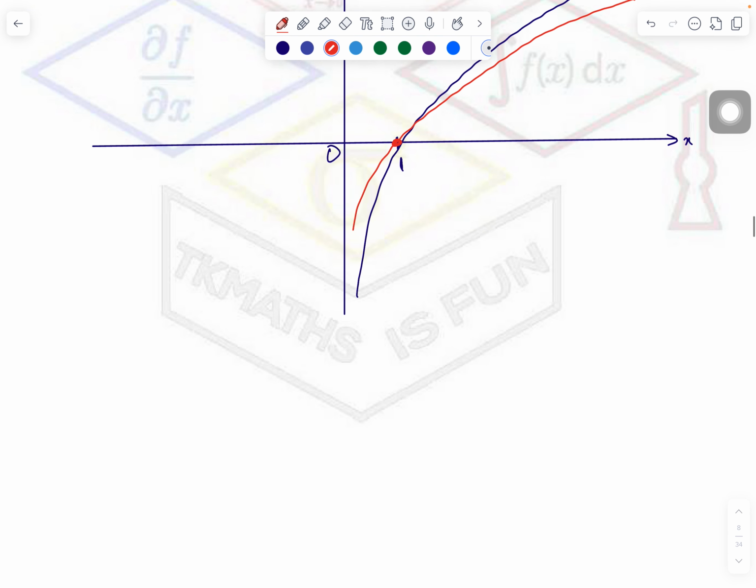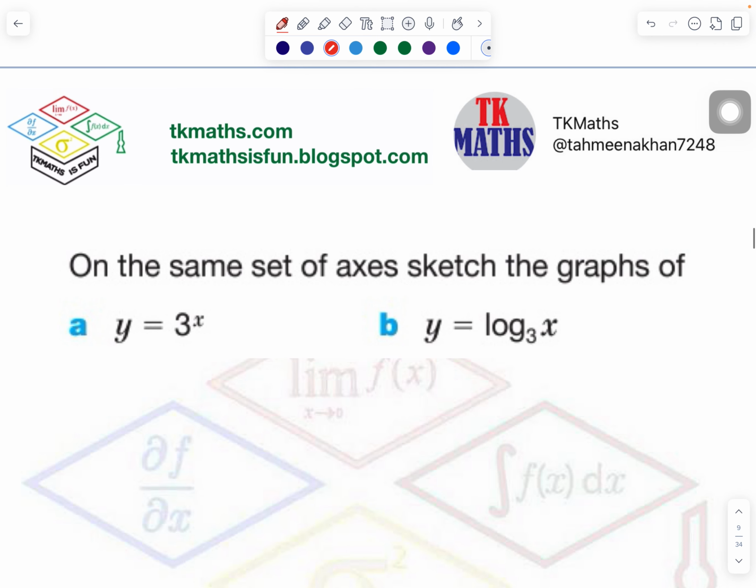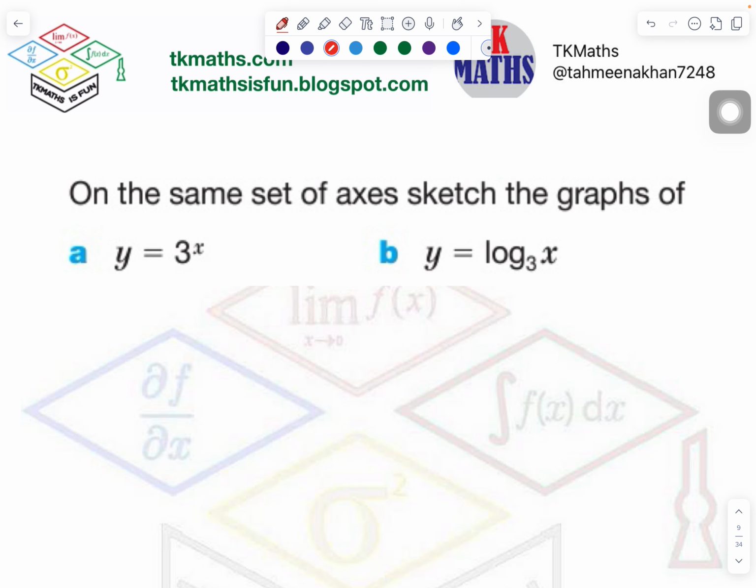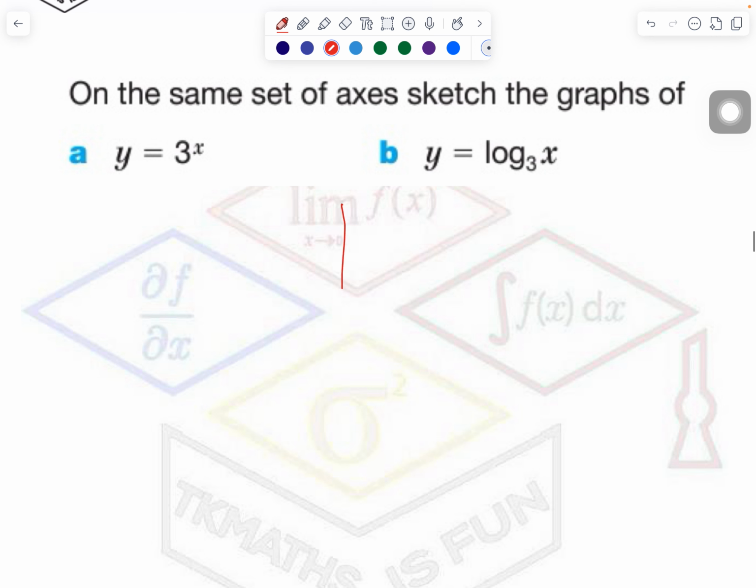Okay, now what about these graphs? On the same set of axes, sketch the graph of y equals 3 power x. So what you will do, you will simply reflect them in the line y equals x. Remember, I told you the exponential curve and logarithmic graph are reflections of each other in the line y equals x.